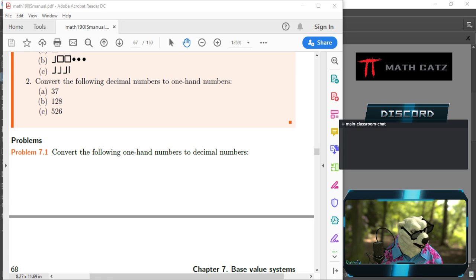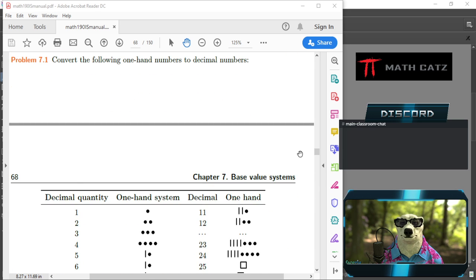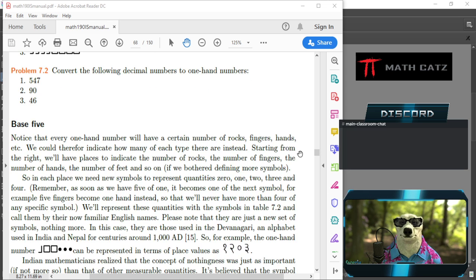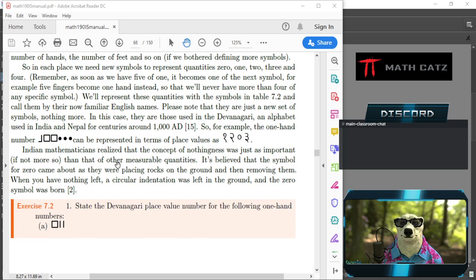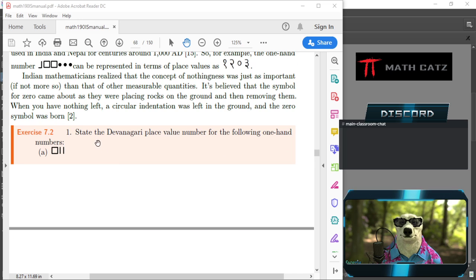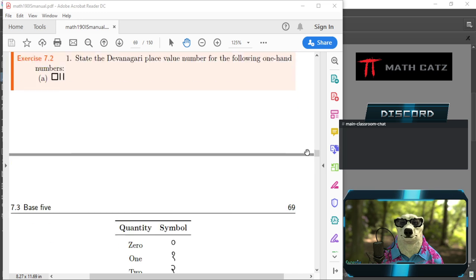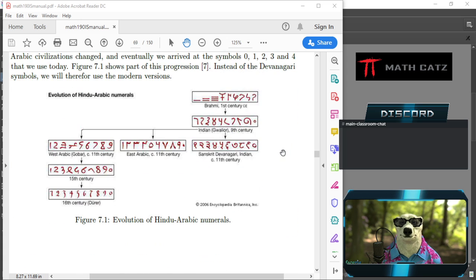Okay, so as I was saying, we then cross over from the one-hand system to something that's not super familiar, but we are inching towards the decimal system. Let me go to the timeline here.